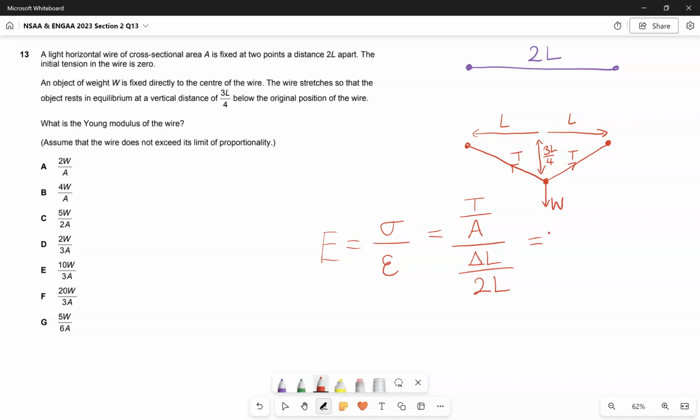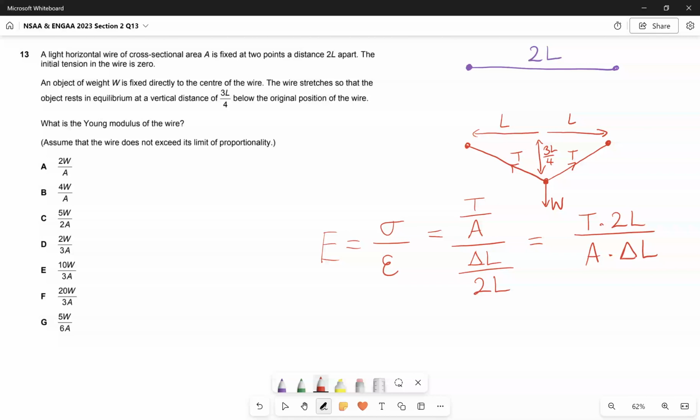So writing this, we get T times 2L over A times delta L. So the only things that we really need to work out here are T and delta L.